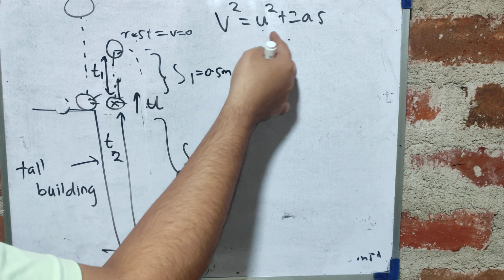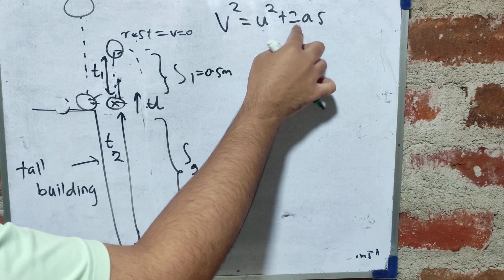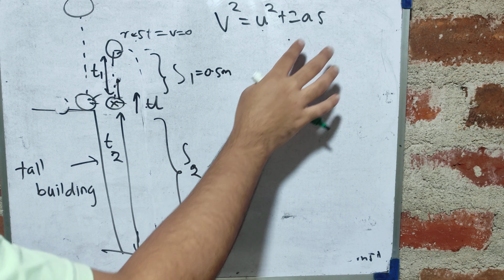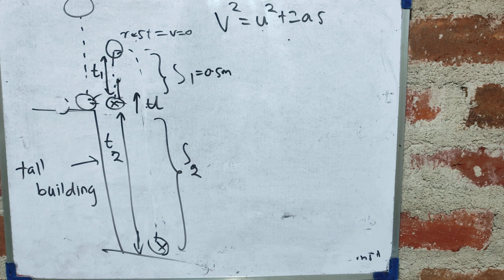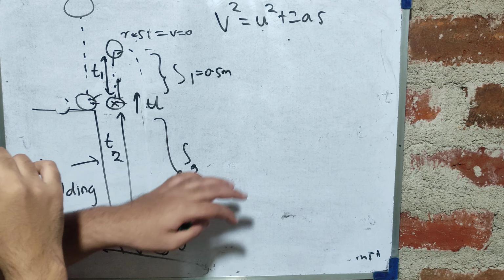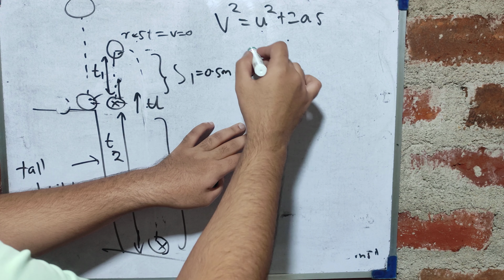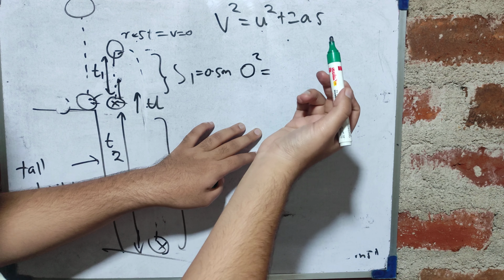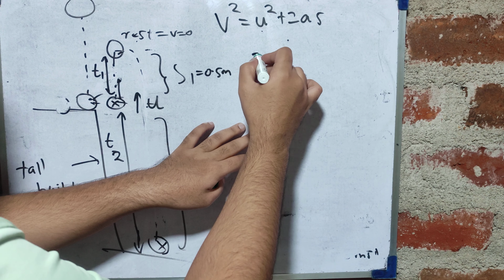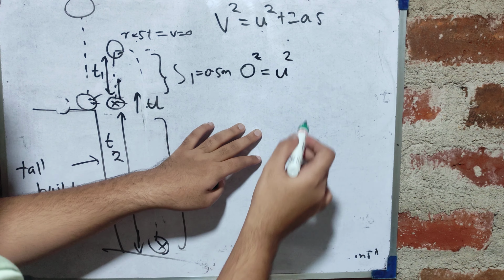You know v, you are going to find u. You know a, you know s. a is gravitational acceleration. So we'll find u. v is equal to 0, so 0 squared is 0, and u squared we should find.